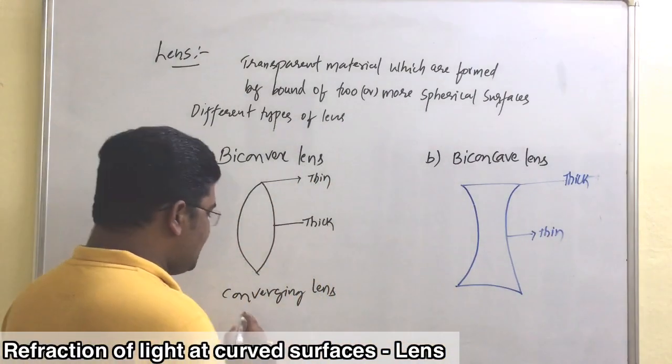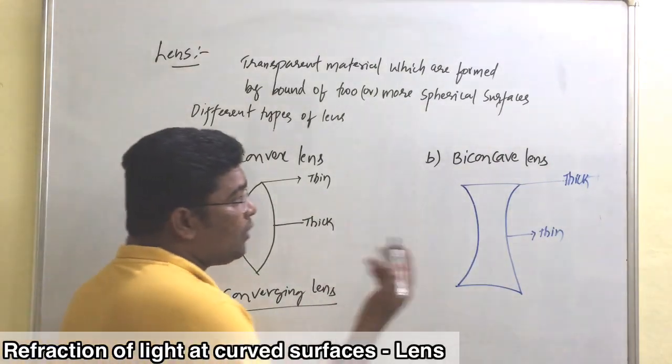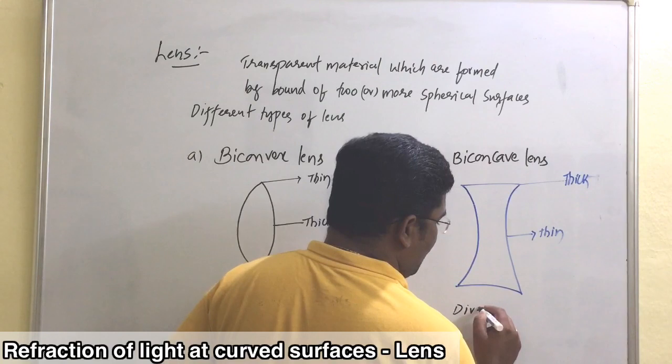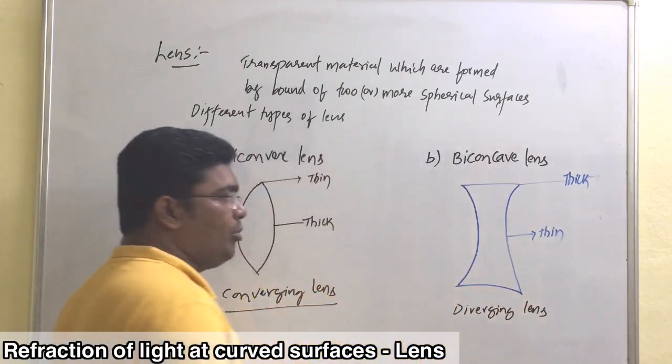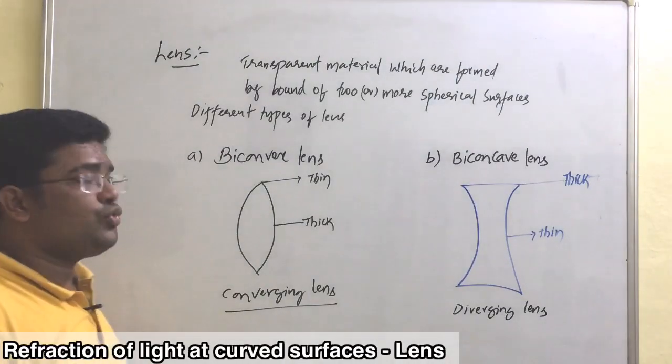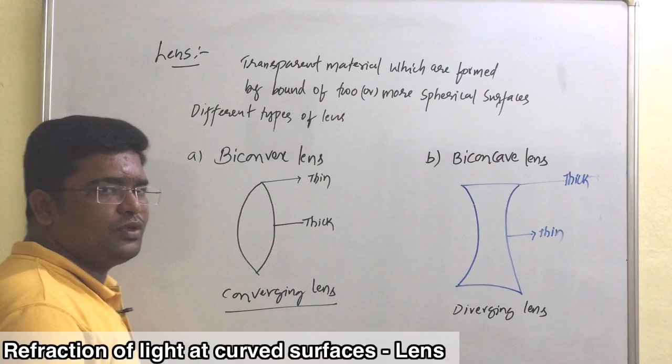As I said, biconvex lenses are called converging lenses, so biconcave lenses are called diverging lenses. These are the two very important lenses which we are going to discuss in our topic. So let us discuss the terms which are related to lenses.